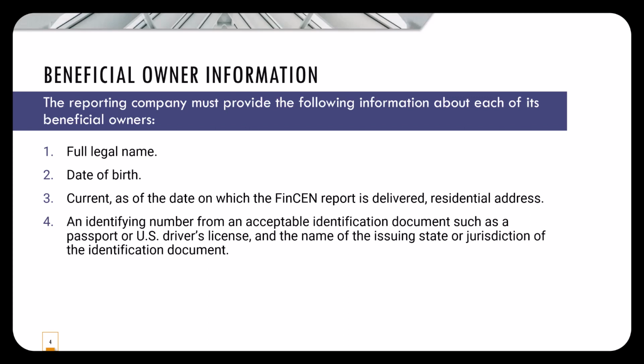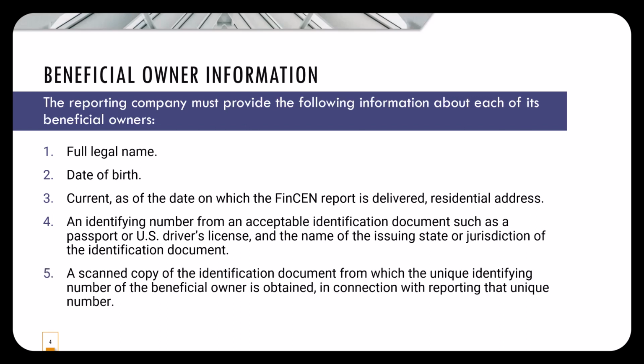You also need an identifying number from an acceptable identification document such as a passport or U.S. driver's license, and the name of the issuing state or jurisdiction of the identification document. Then you have to scan an image of the identification document that shows the unique identifying number of the beneficial owner and upload that to the filing system.